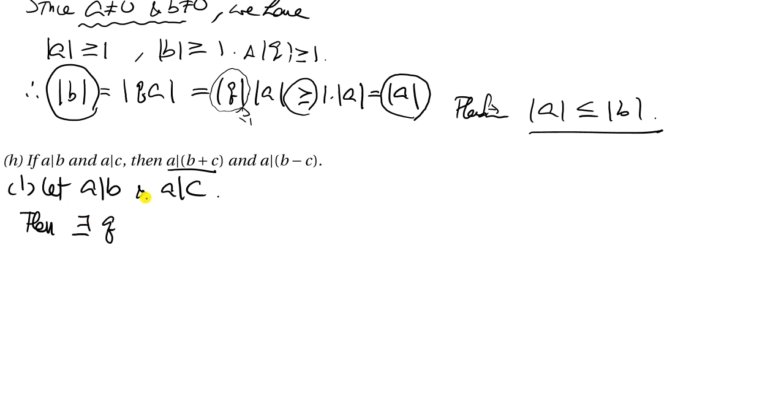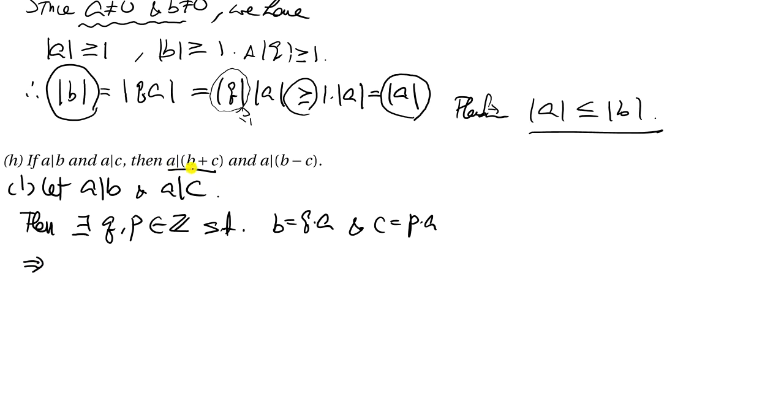There are two integers, let's say Q and P, such that B is Q times A and C is P times A, together.